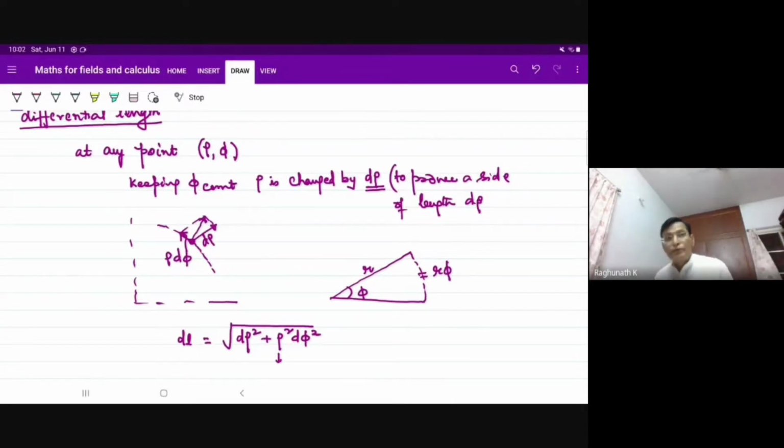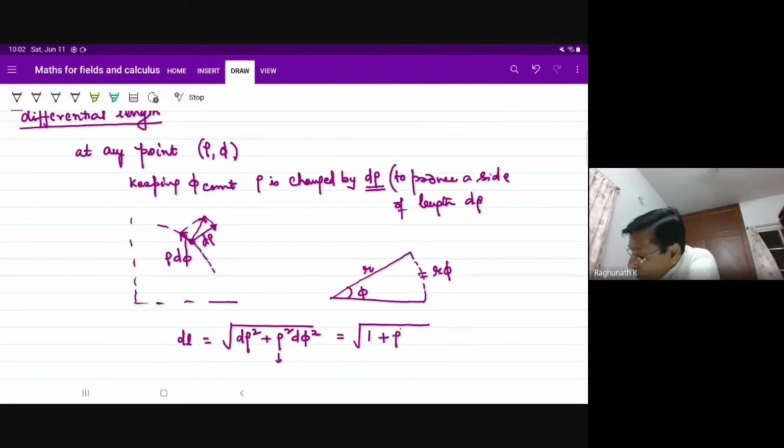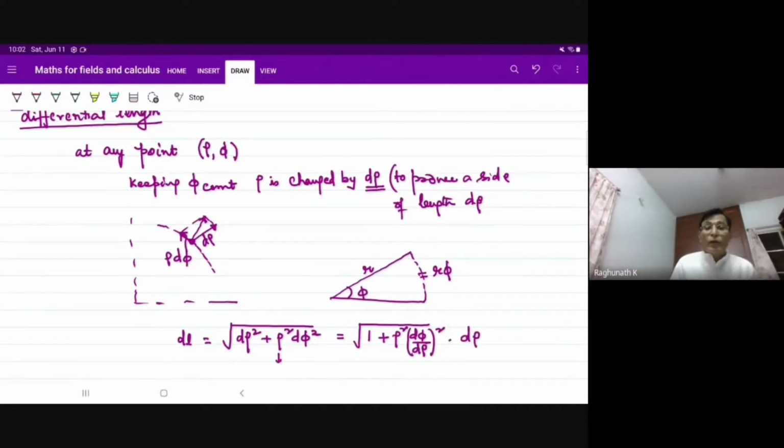It can be equal to root of 1 plus rho squared, d phi by d rho whole squared, correct? Times d rho, where now rho will be changing. Phi is written as a function of rho. d phi by d rho will be a function of rho. Ultimately, everything is a function of rho.